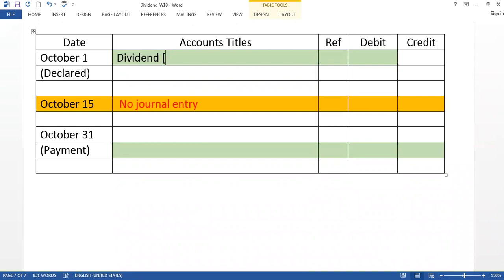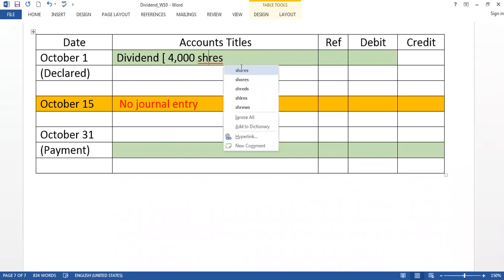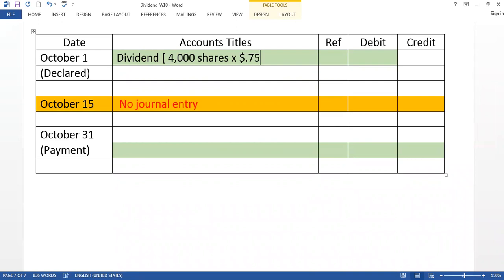And what is the amount of dividend? 4,000 outstanding shares, people are holding my shares, and per share is 0.75. That means it is $30,000. So the company declared dividend, right?